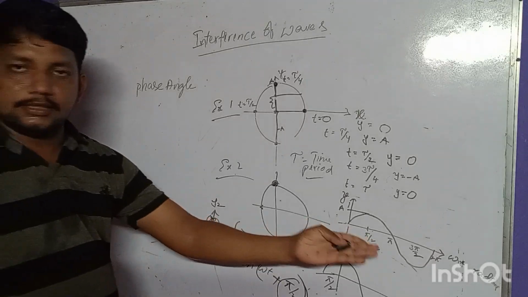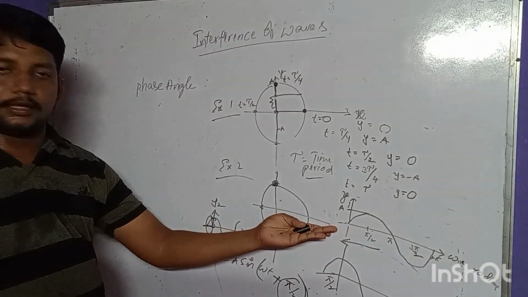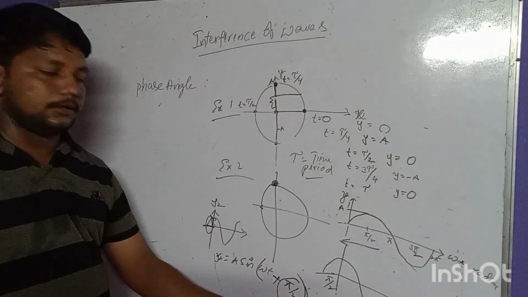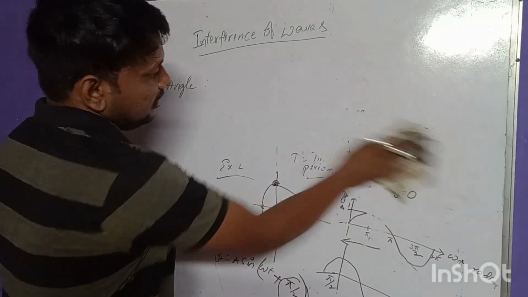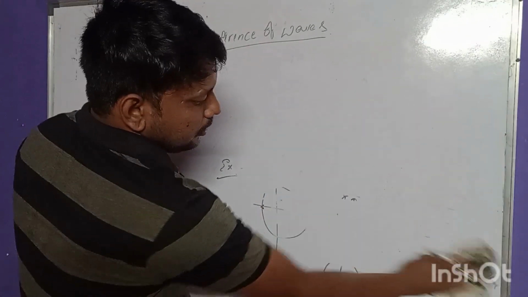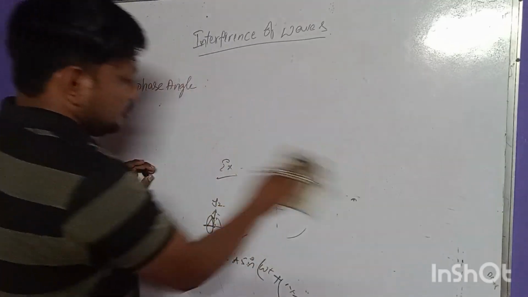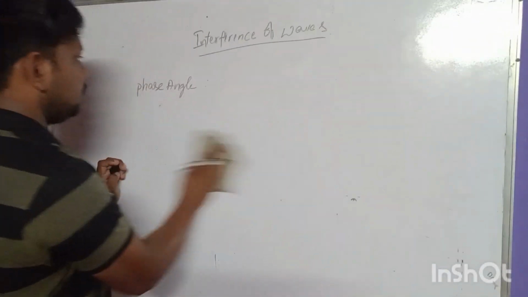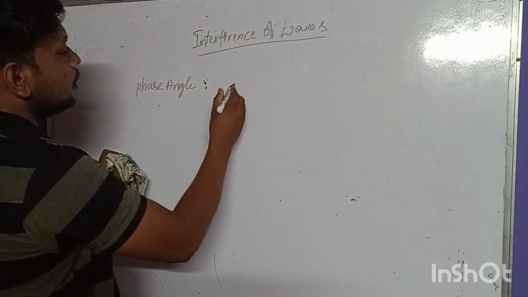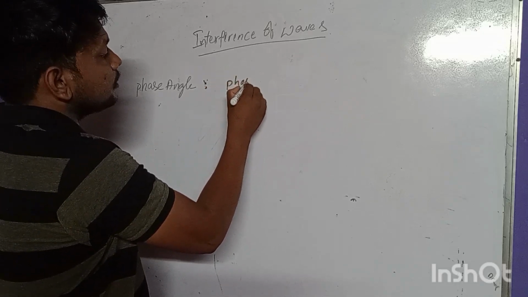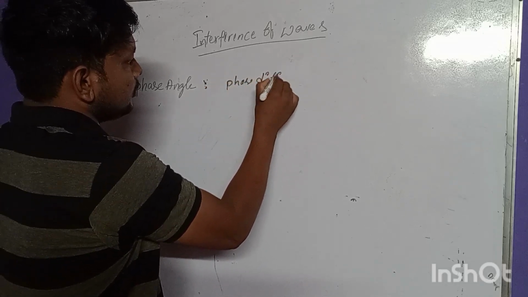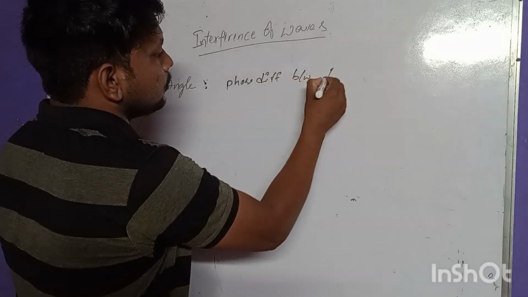We shifted this waveform in negative direction, so positive π/2, right? This is the phase angle. Phase angle means phase difference between two waves.